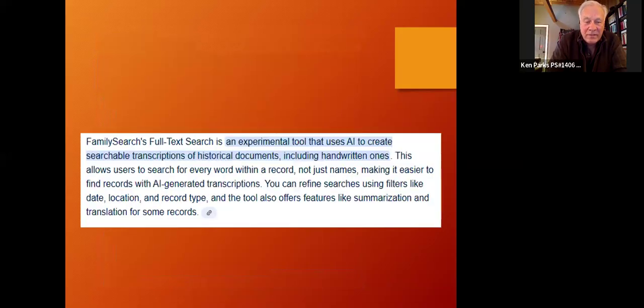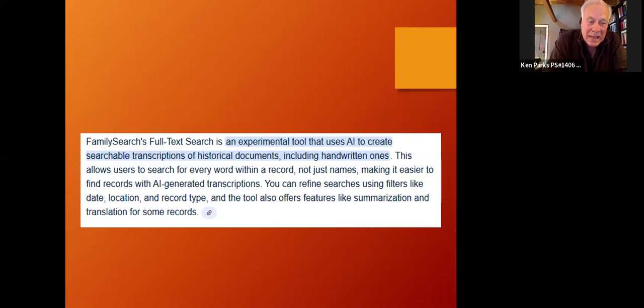A little bit of explanation, and this is, again, a little out of date. FamilySearch's full text search is an experimental tool, well, not any longer, that uses AI to create searchable transcriptions of historical documents, and importantly, including handwritten ones. Almost mind-blowing that it can do that.